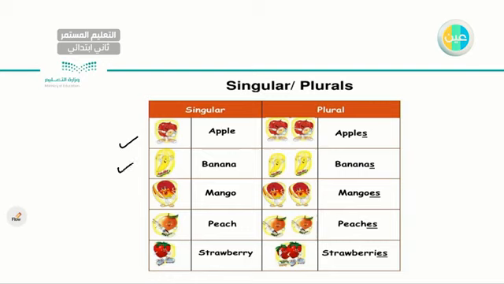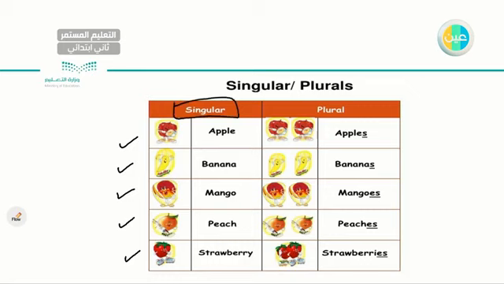Banana, one banana. Mango, peach, strawberry. All of them I have just one. One book, one teacher, one car. Very good. So this is the meaning of singular: I have just one.